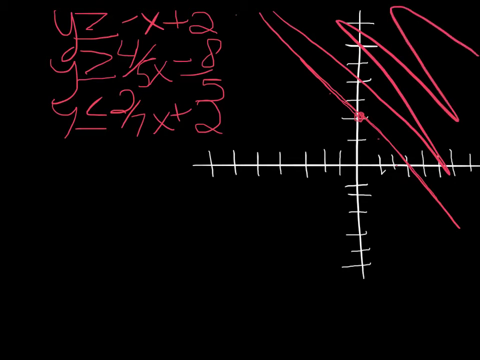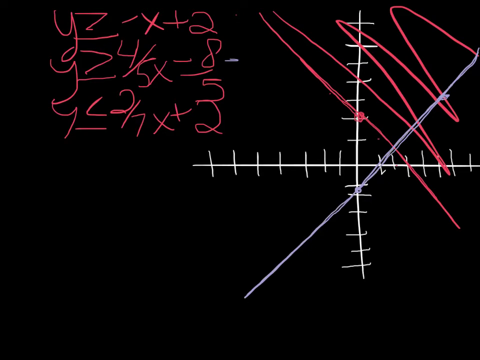Next, for this one, you have to graph negative 8/5 as the y-intercept. So that's about there. And then 4, 1, 2, 3, 4, 2, 3, 4, 5. I'm going to graph it like this.